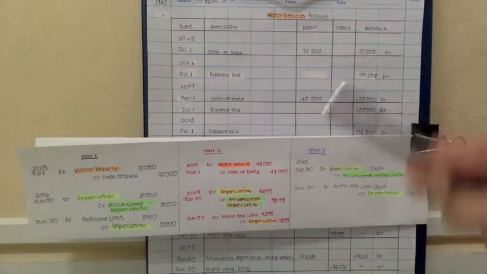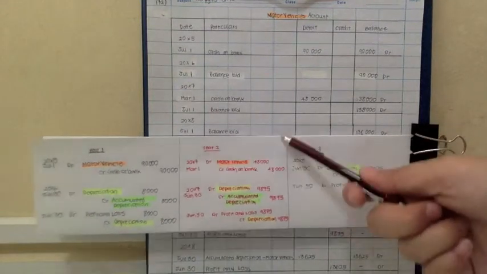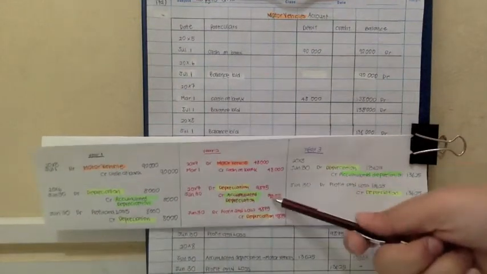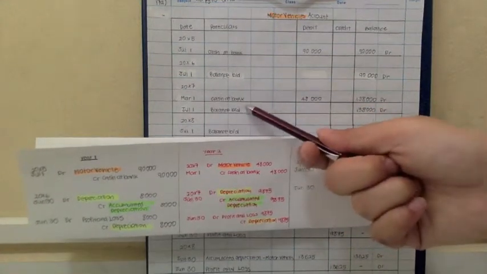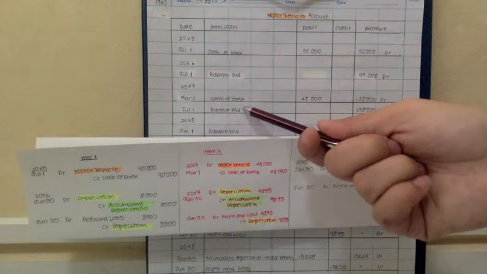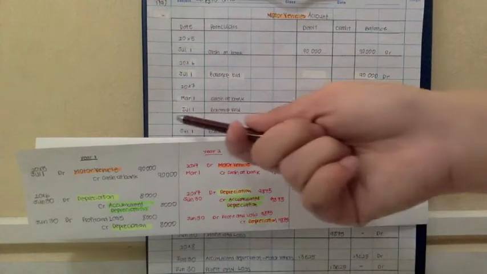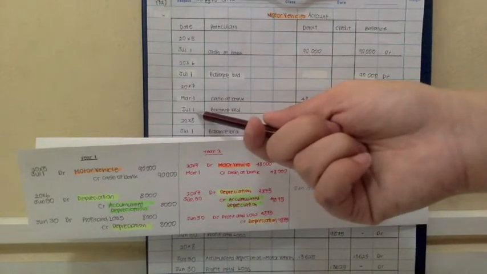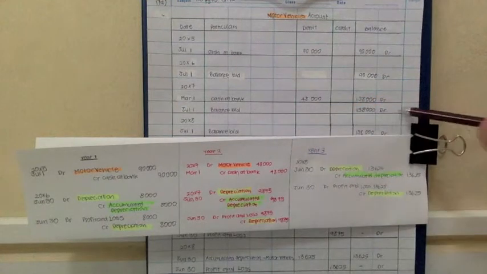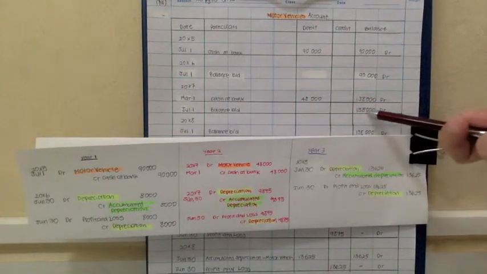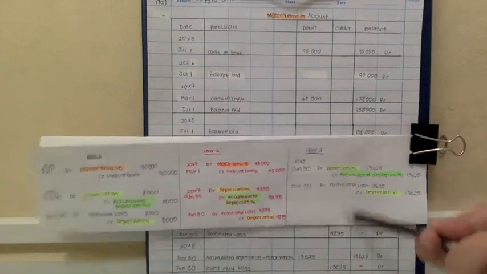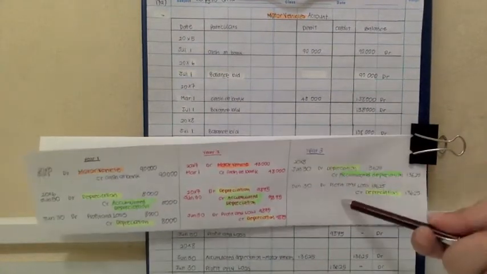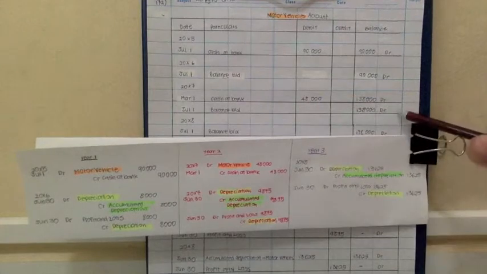In year 2 there isn't any more motor vehicle journal entry, so we close it by bringing down the balance. On 1st July, the year 3 balance BD, you should have a balance of 138,000 debit. In year 3, there isn't any new vehicle bought, so it will stop there.